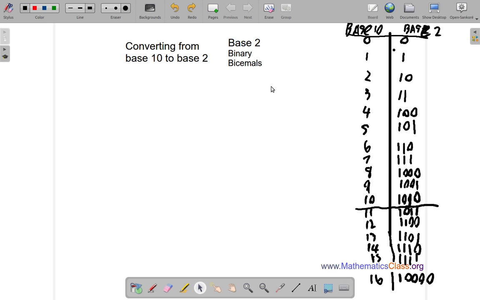We want to look at converting from base 10 to base 2.